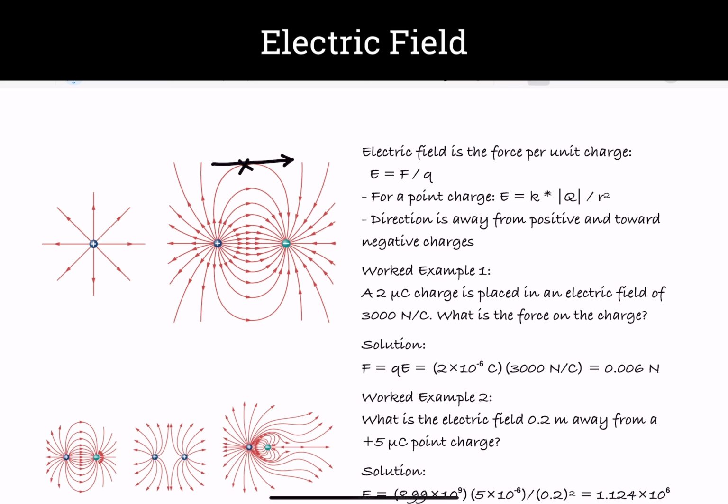So if you wanted to find the direction of the electric field, let's say here, draw a tangent to the line of force at that point. See that? So that's another importance of drawing lines of force, because if you draw a tangent to that line at any point, you get the direction of the electric field.